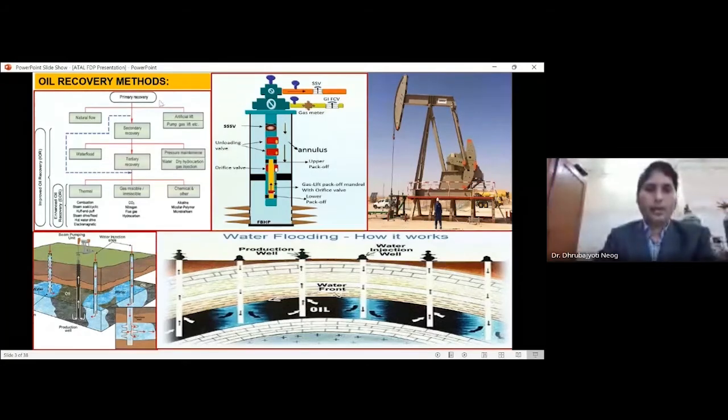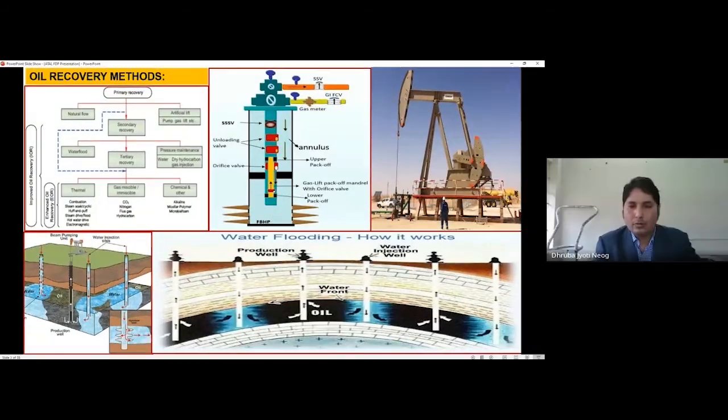The secondary recovery methods include injection of gas or water, and the other method is water flooding. So I was telling about when it is required to introduce secondary recovery methods in an oil well production system.